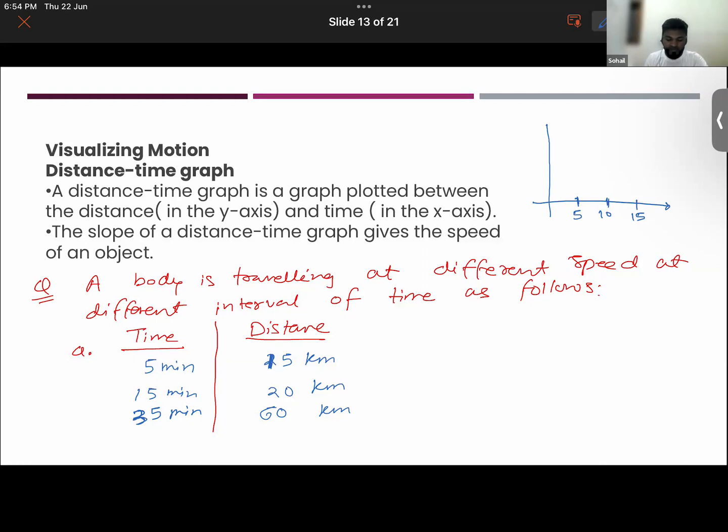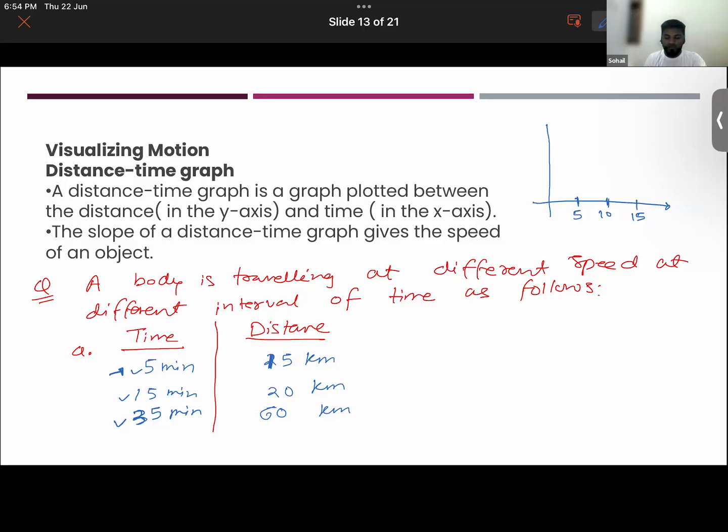For example, here the times are 5, 15, and 35 minutes. So we look for the minimum value given in the question. Here it's 5 minutes, so we can start from 5 minutes.